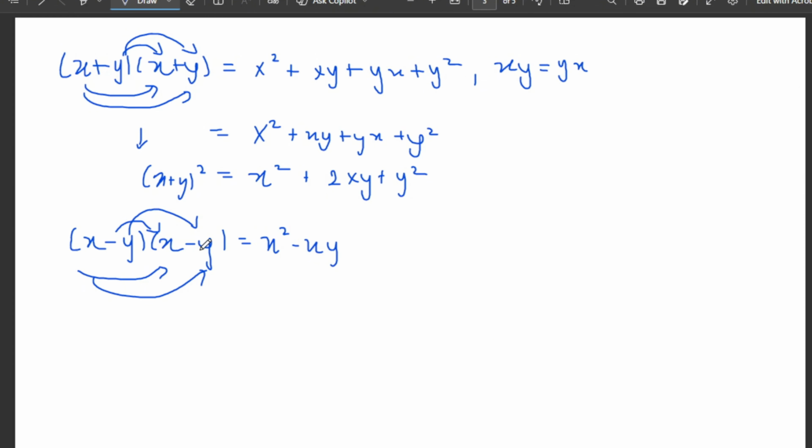Remember that the operation follows: negative y times x, negative yx, negative y times negative y will be positive y squared. What we have here is x squared minus 2xy, they're both the same, plus y squared. And you notice that this is the same thing as x minus y squared.